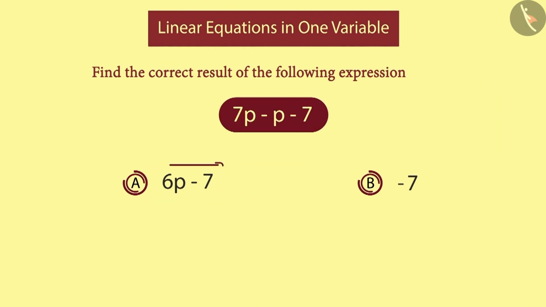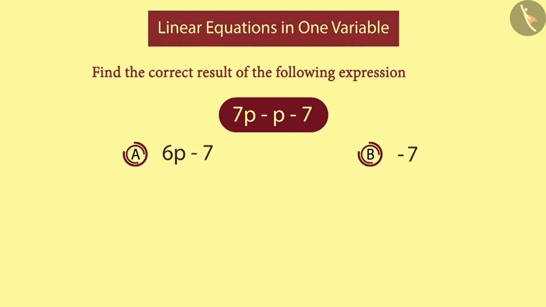Let us first have a look at option A. We know that the figure 7p is actually 7 times p. Similarly, here p can be written as 1p. So in this expression, we can easily apply the distribution property.